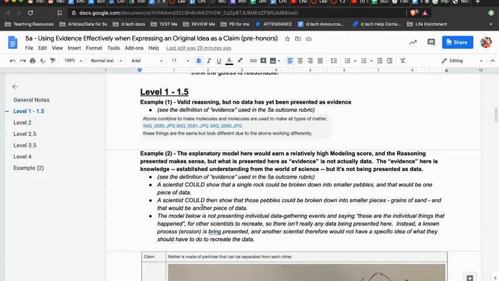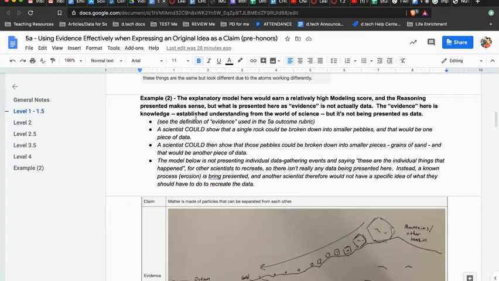I didn't know how I would take the information in the post and use it to go do something to reproduce exactly what the author meant. So in this example, what's presented here is valid reasoning and valid scientific knowledge, but it's not data. Again, it's not a thing that I could go do and say, oh yeah, I just did that.